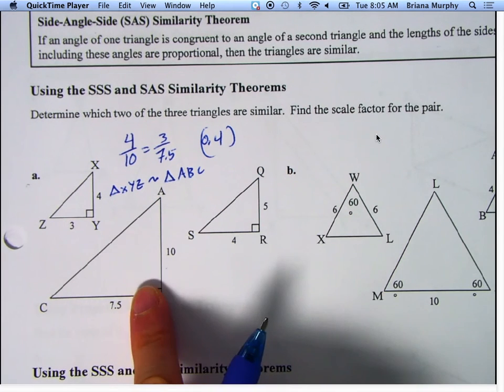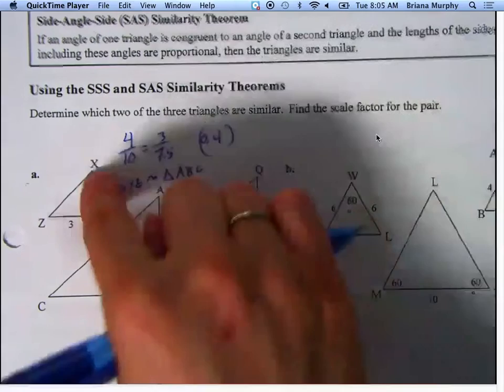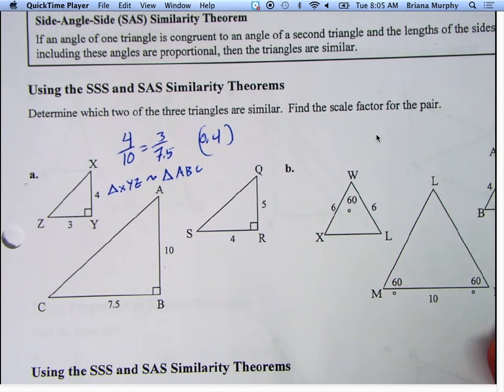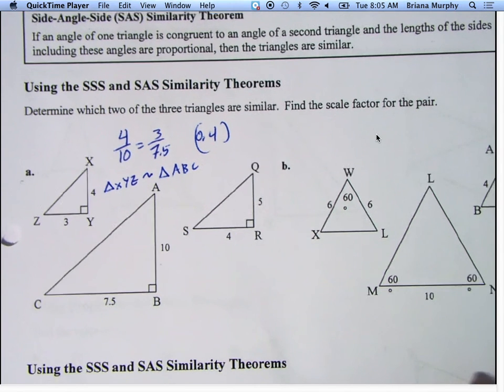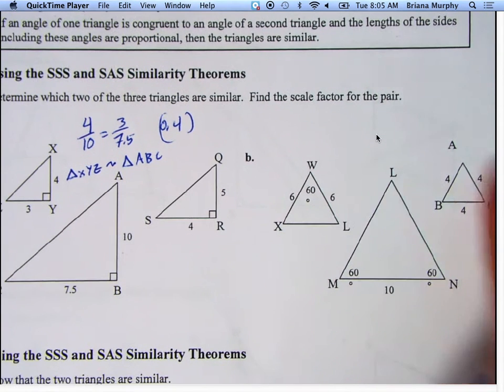If we times 10 times 0.4, we're going to get 4. Should we do one more? Don't we have to do a second one over? No, it says determine which of the two, and if the first two are similar, then we know the other ones are.